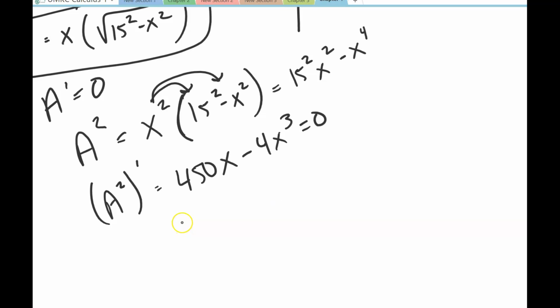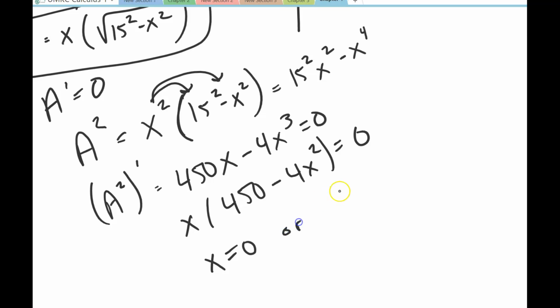I can factor out an x. I'm left with 450 minus 4x squared, so that equals 0. x equals 0, or 4x squared equals 450. Divide both sides by 4.